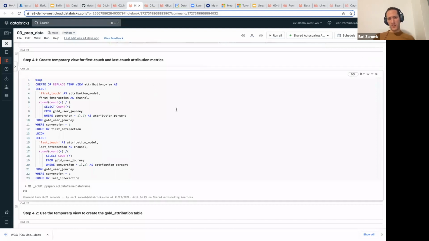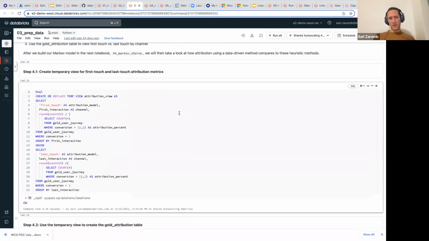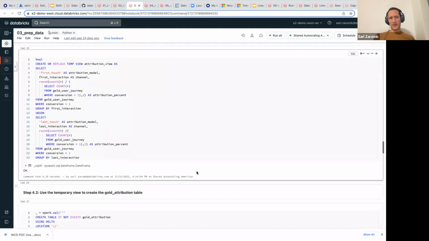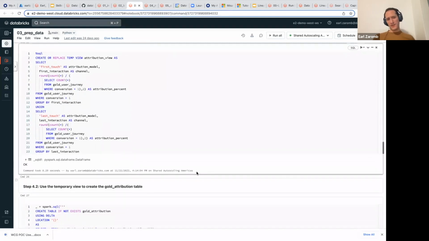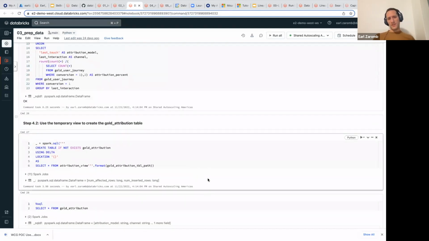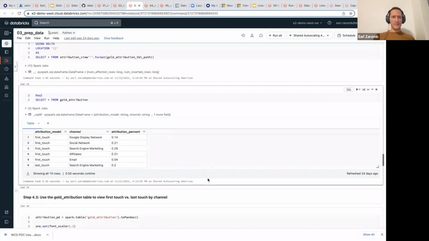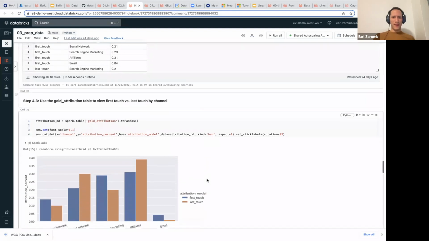So we wanted to create some initial analysis, and that's where we're using some SQL here to run some calculations assuming this is a first touch or a last touch, and see what the results are. We run a few calculations, and here we go.